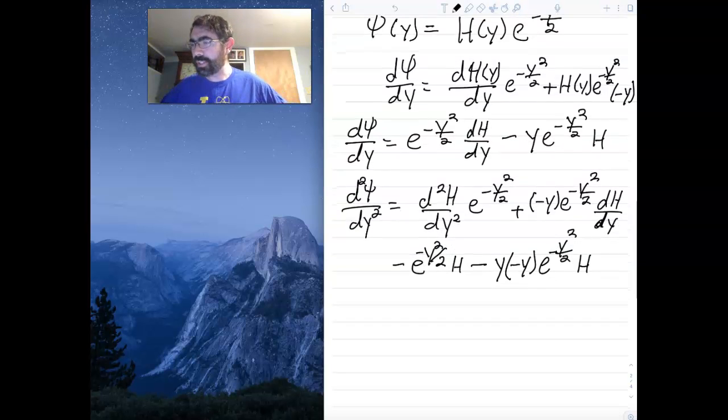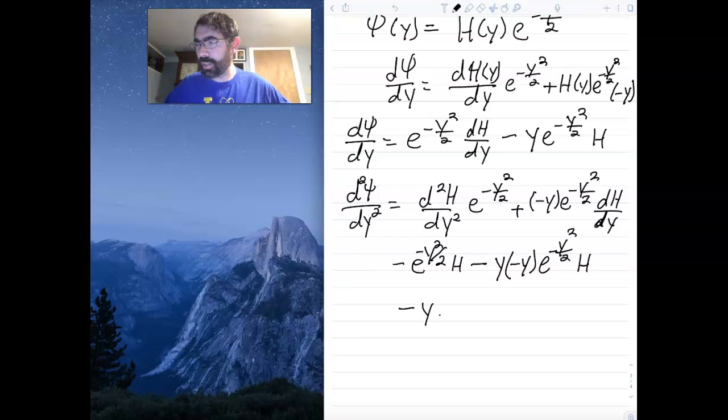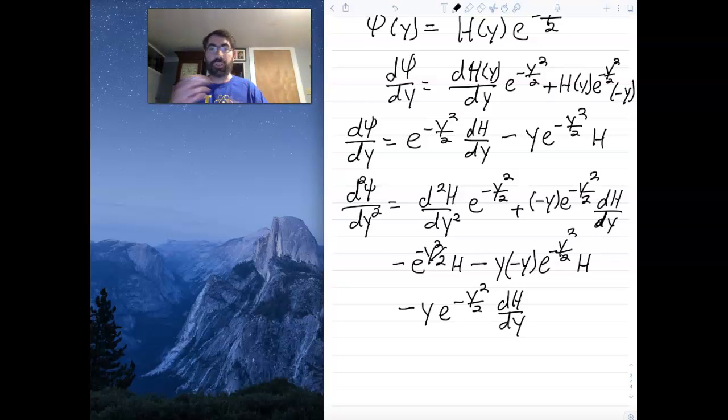And then last but not least, we get minus y e to the minus y squared over 2, the first derivative of h. Okay, so now we have all these terms. So let's start combining them together.